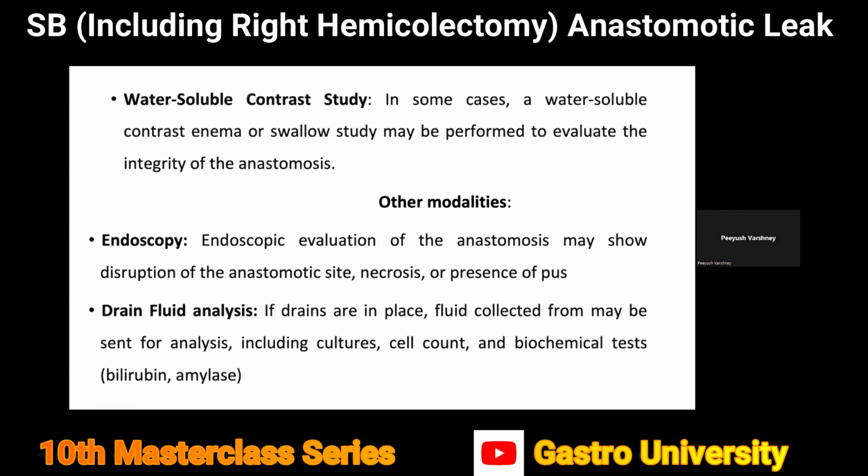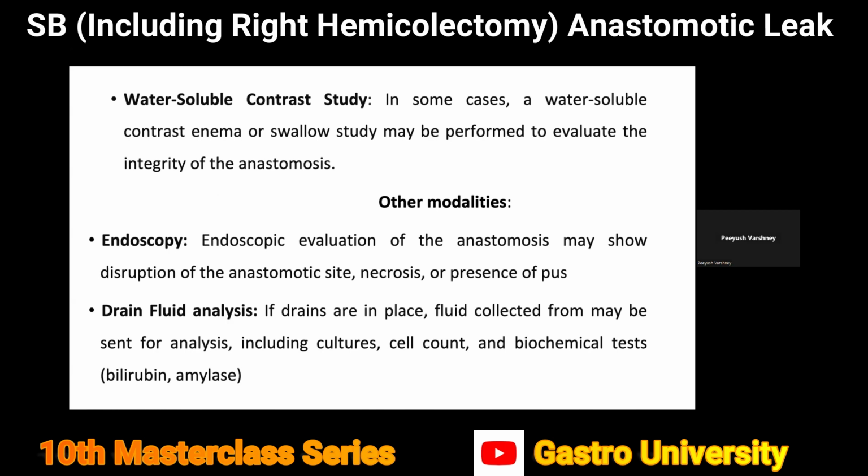In some cases, a water-soluble contrast or a swallow study may be performed to evaluate the integrity of the anastomosis, especially for the esophageal anastomosis. Endoscopy may be used mainly for duodenal anastomosis and for assessing the upper GI anastomosis, but is rarely used for small bowel anastomotic leaks.